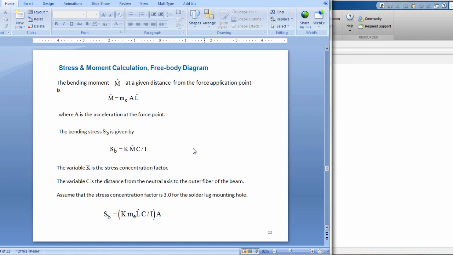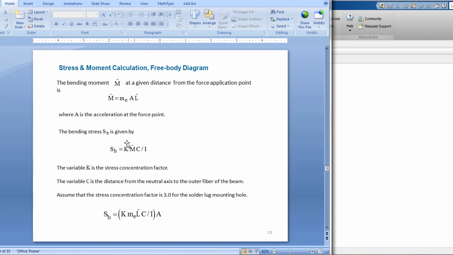That's our effective mass, and then again we're going to multiply that by our acceleration, which is going to be our narrowband random time history, times the length. This length in this case is going to be the length from the effective mass CG to the solder terminal. That's how that calculation works out.